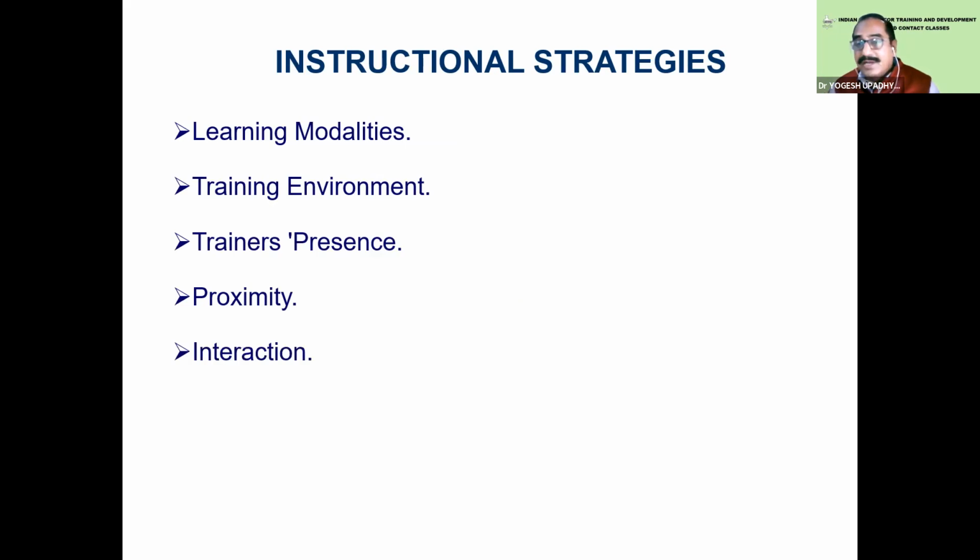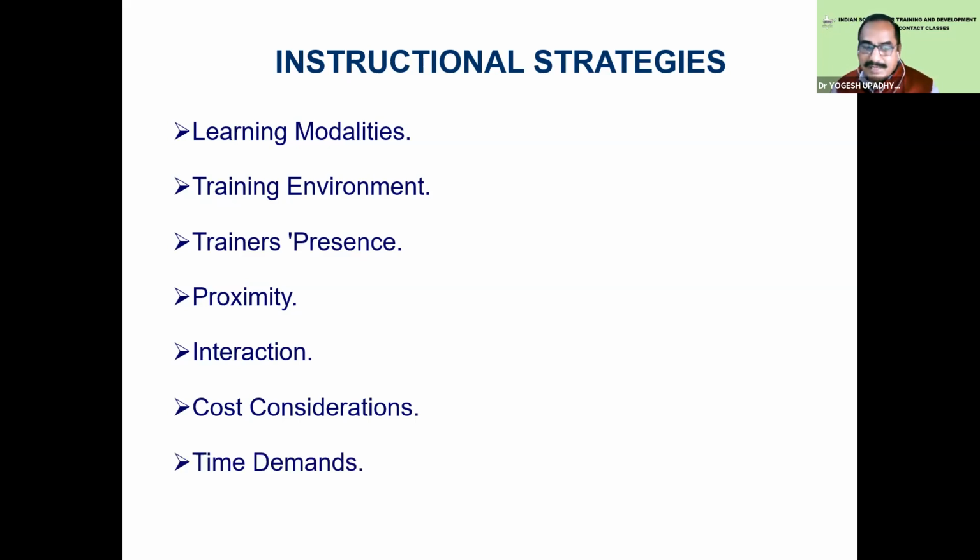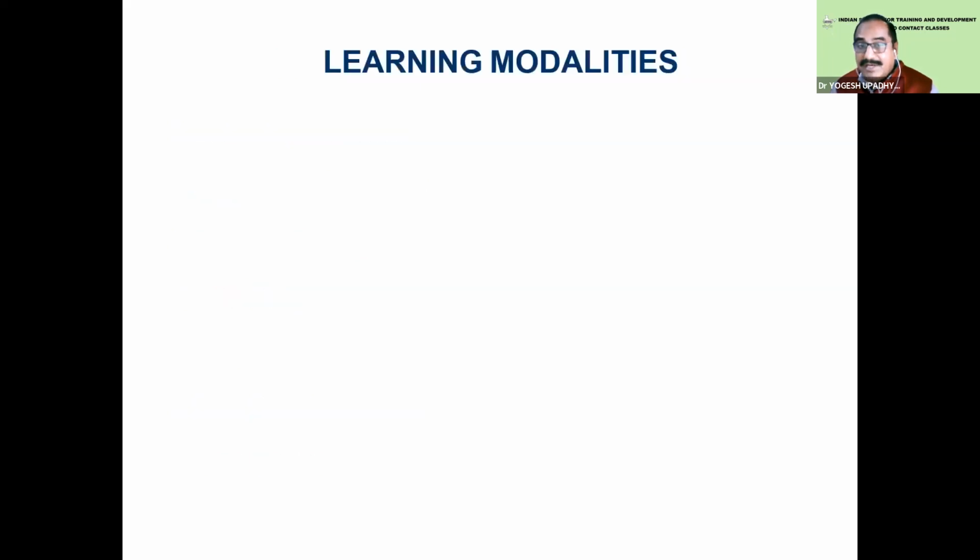Then interaction with the participants, interaction with the trainers, and cost consideration. On these, you have to make a strategy. When the question of training strategy comes, it can be a time demand also, because time is also a resource, and time is limited. Time is determined by the trainees, not the trainer, because they are learning. So their learning rate will decide.